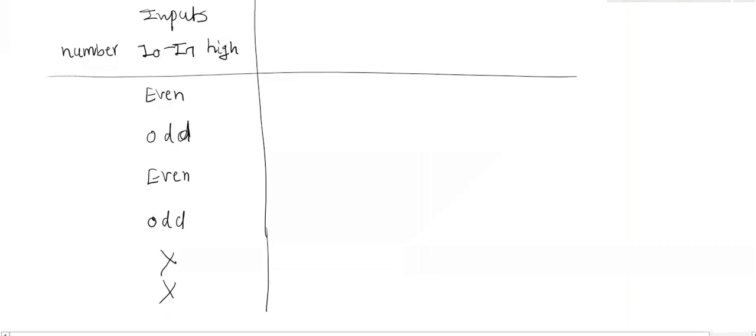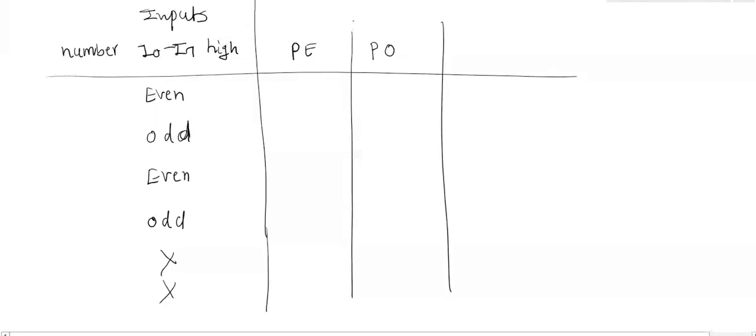Along with I0 to I7 we are giving the even parity bit and the odd parity bit as inputs. Suppose the inputs I0 to I7 have an even number of ones and the even parity bit is also 1.